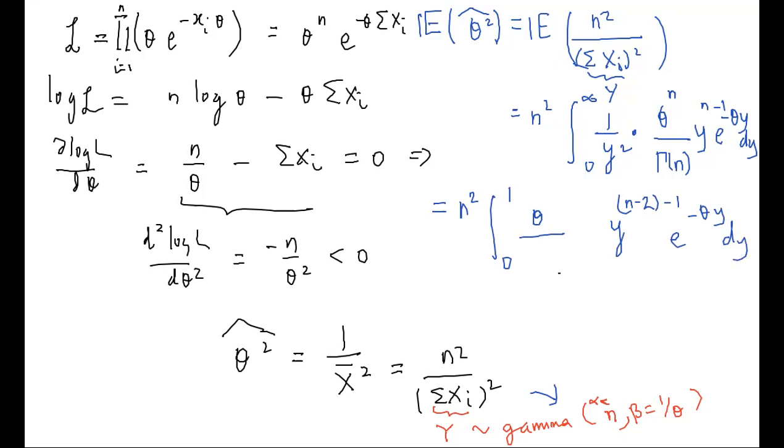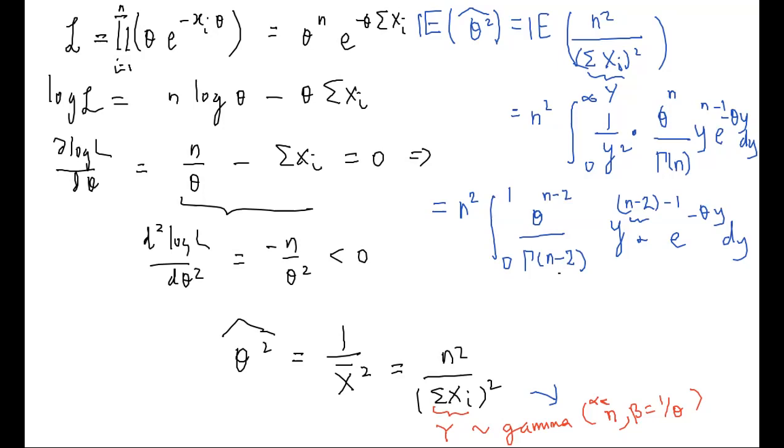We have to solve this integral; we just have to make it into another gamma density, but with different parameters, so it has to have matching parameters. So here we should have gamma n minus 2, and here we should have theta to the n minus 2, because this part here is your alpha. The beta doesn't change.